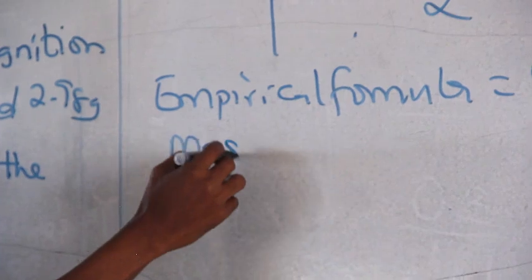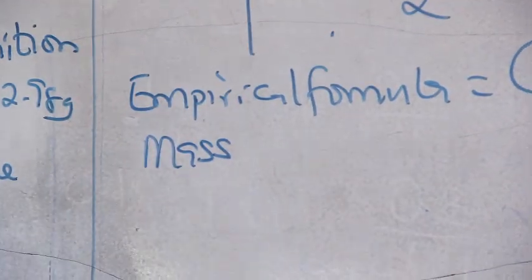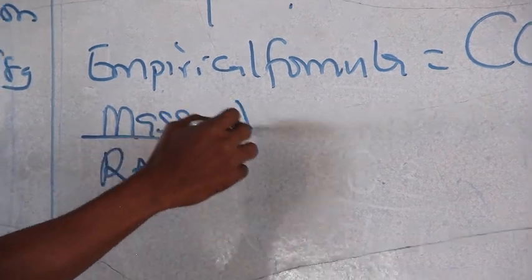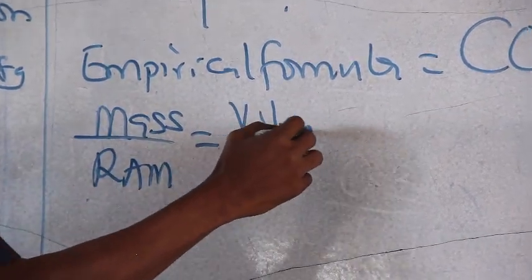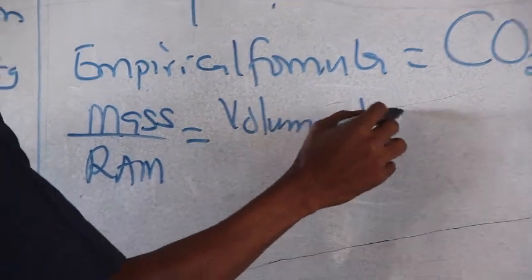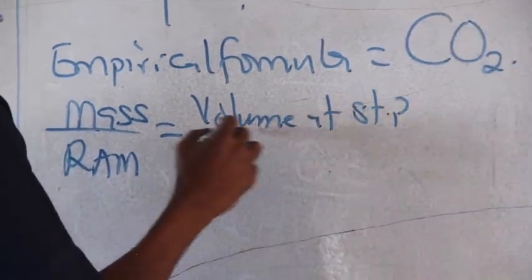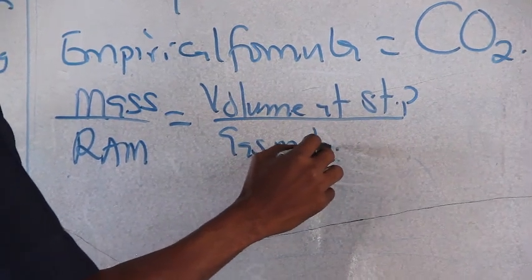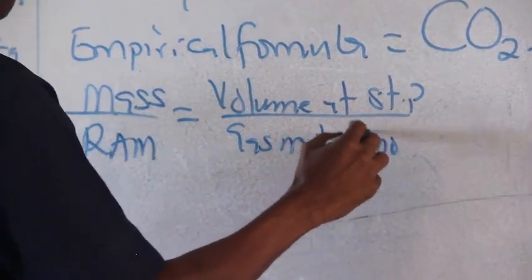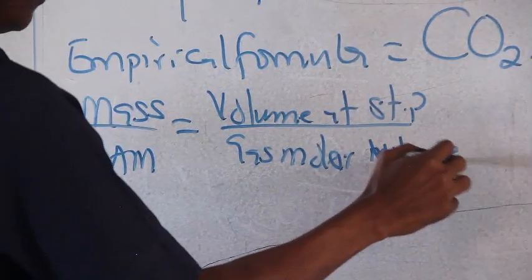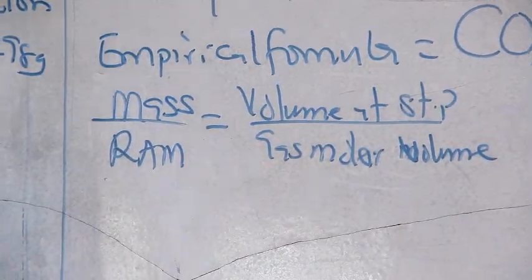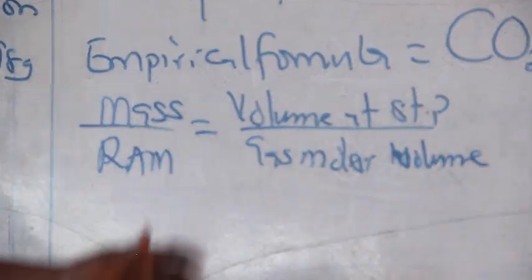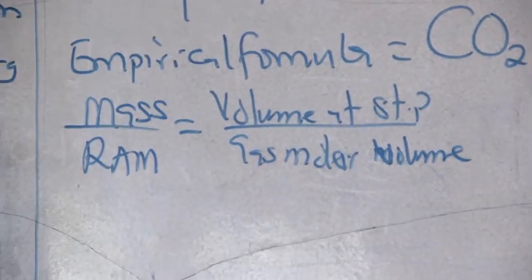Mass of the gas over the relative molecular mass is equal to volume at STP over gas molar volume.